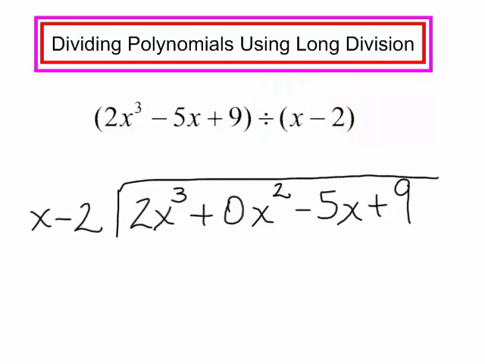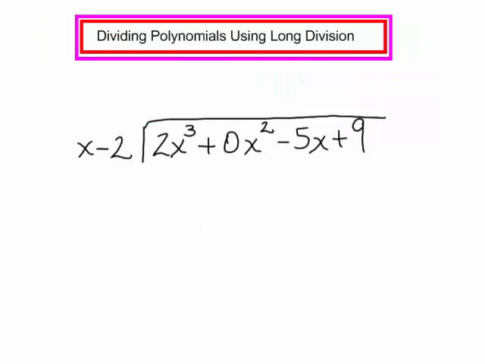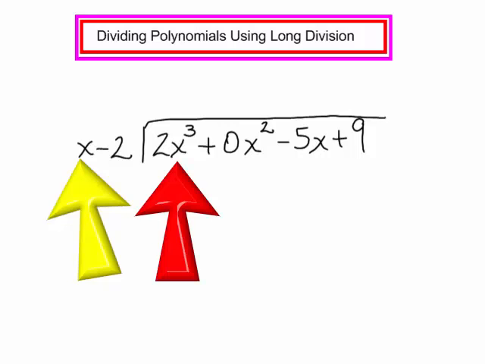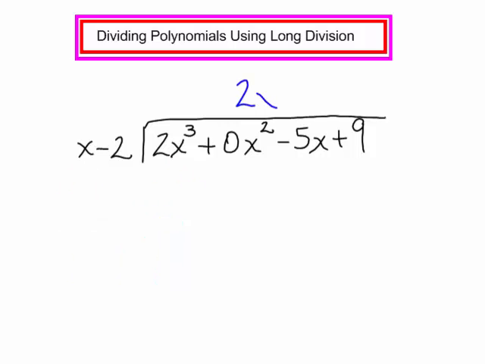Let's get to work. Look at the first term in your divisor. Look at the first term in your dividend. x will divide into 2x cubed, 2x squared times. Once again, notice I am lining it up with the x squared term in my dividend.